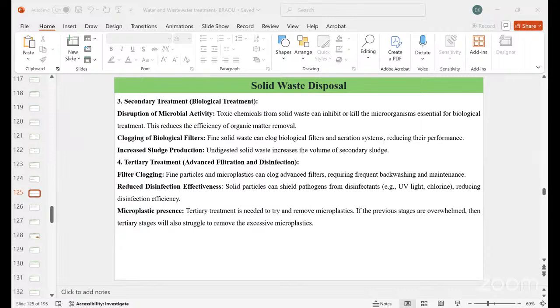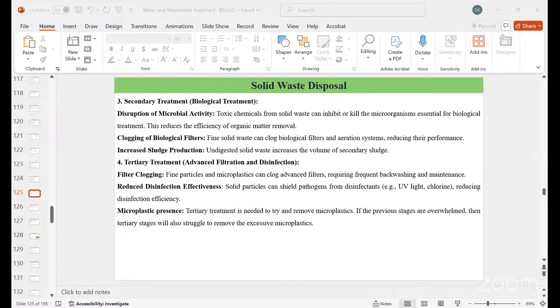So coming to open dumping and composting. Coming to open dumping, this is uncontrolled disposal of waste in open areas, and it is highly detrimental to the environment and public health. Unfortunately, it is still very common in developing nations.